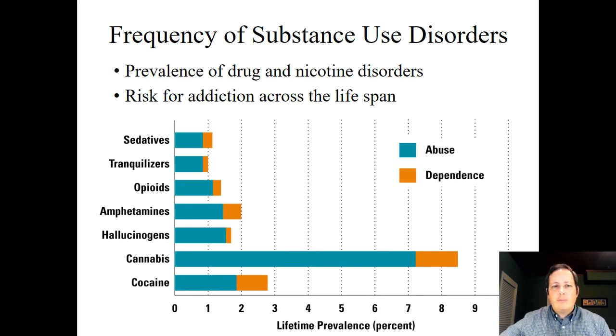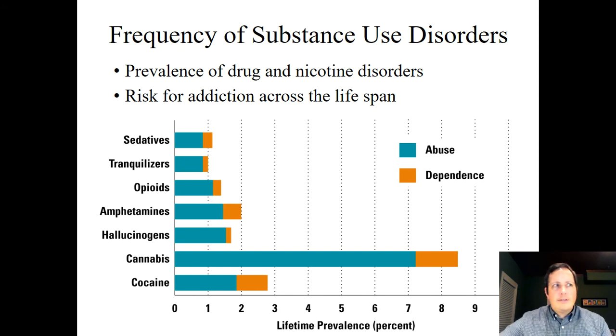I have to look at how old this particular figure is, because I would think opioids might be a bit higher. But this just gives you an idea. What they say is the combined lifetime prevalence for abuse or dependence of any type on a controlled substance, which all these would be, is about 10.3%. And of course, people don't necessarily just abuse one drug. A lot of times they can abuse more than one drug. So that's why if you add all that up in that survey, it's going to be more than 10, obviously. But it's about 10%.